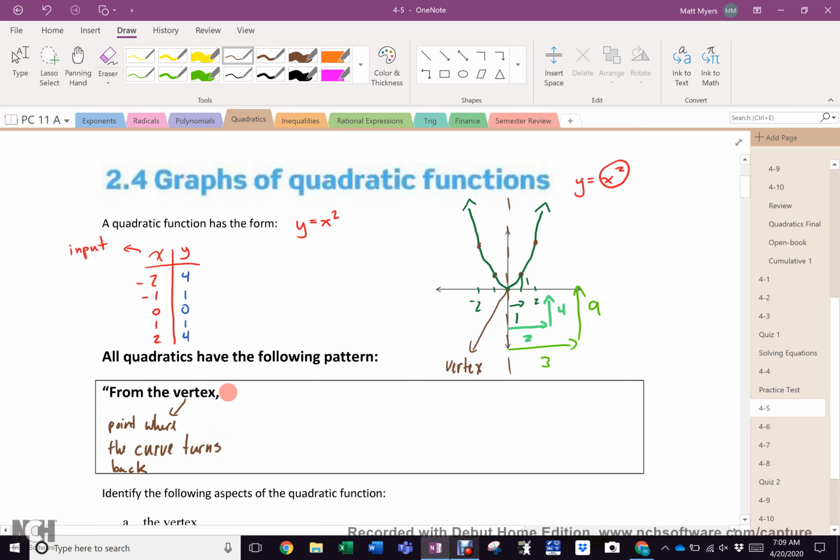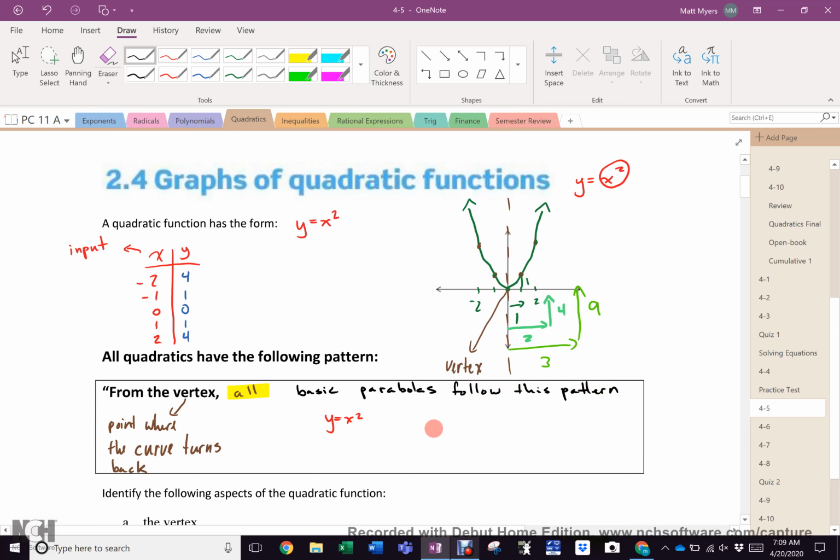From the vertex, please highlight, all parabolas, and I'm going to write this, all basic parabolas. And a basic parabola is y equals x squared. Follow this pattern.